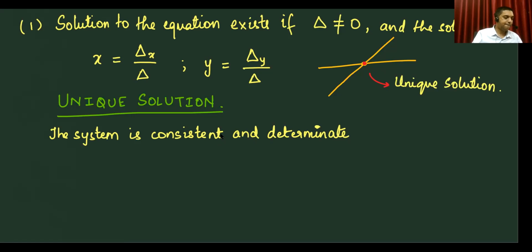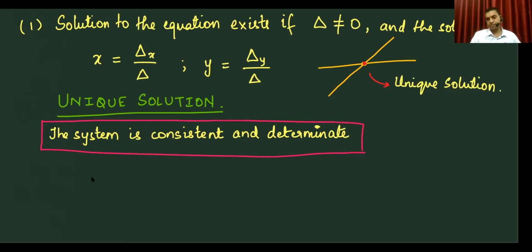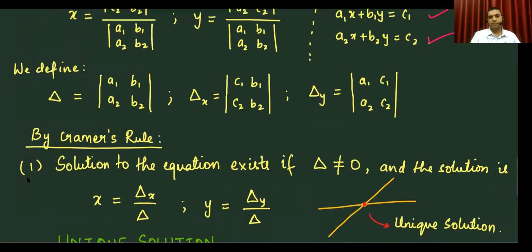All right. The system is consistent and determinate. Consistent means it has a solution. Determinate means it has a unique solution.